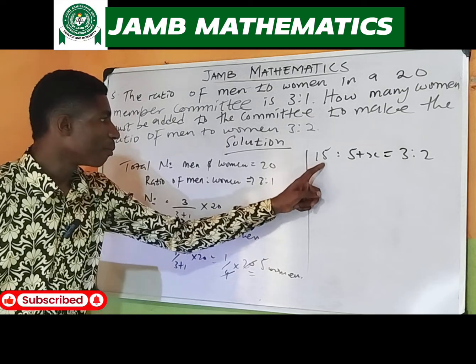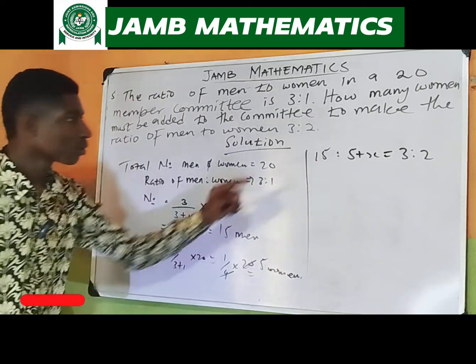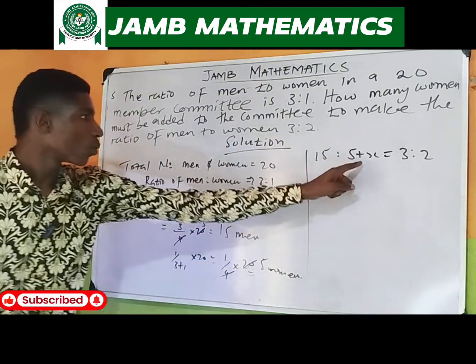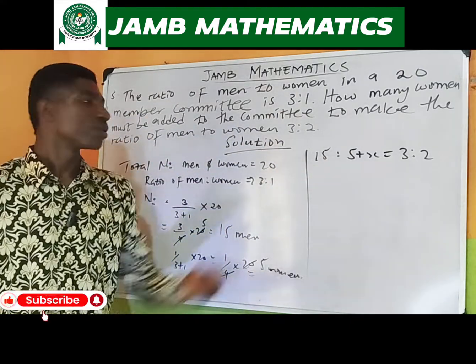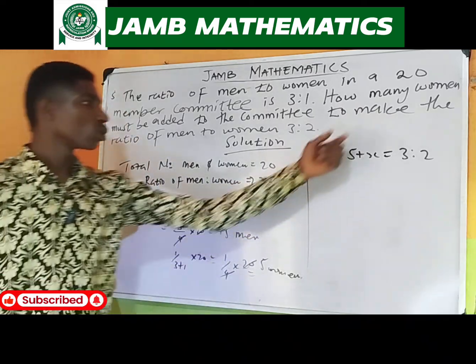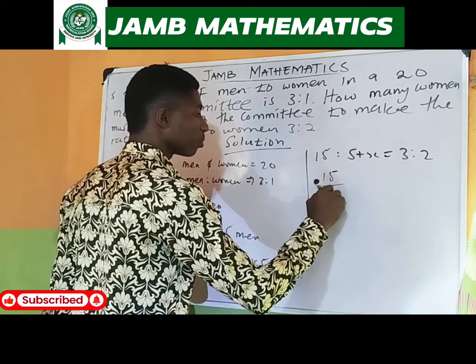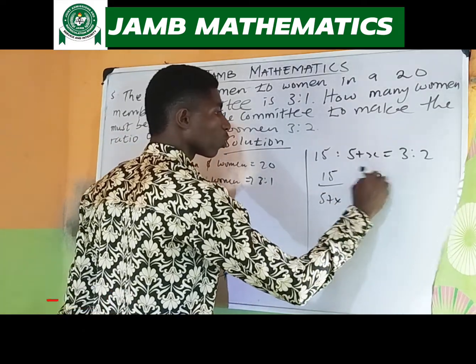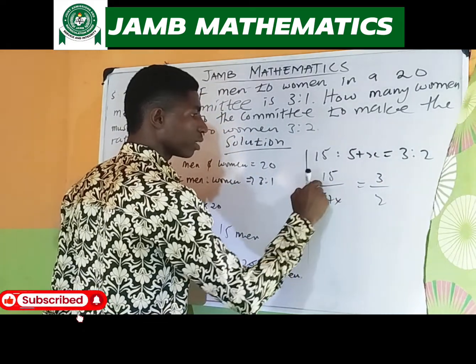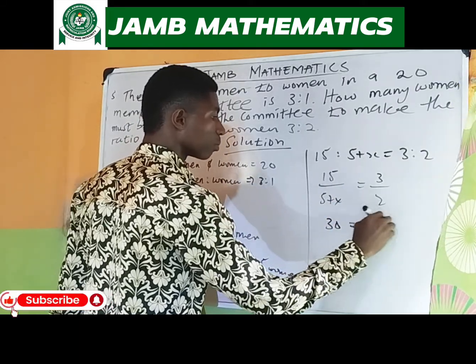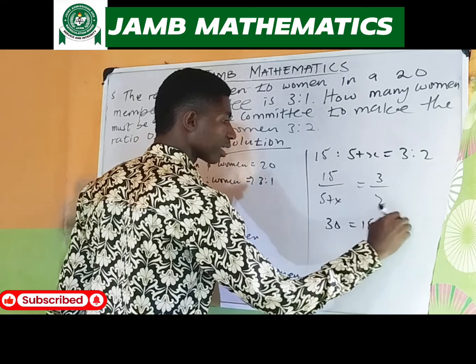Total number of men is what? 15, right? Total number of women is 5. But how many women will be added? So let the number of women that will be added be X, to make the ratio 3:2. Now we have 15 over 5 plus x is equal to 3 over 2. Cross multiplying, 15 times 2 is 30, right? Is equal to 3 times 5, 15, plus 3 times x is 3x.